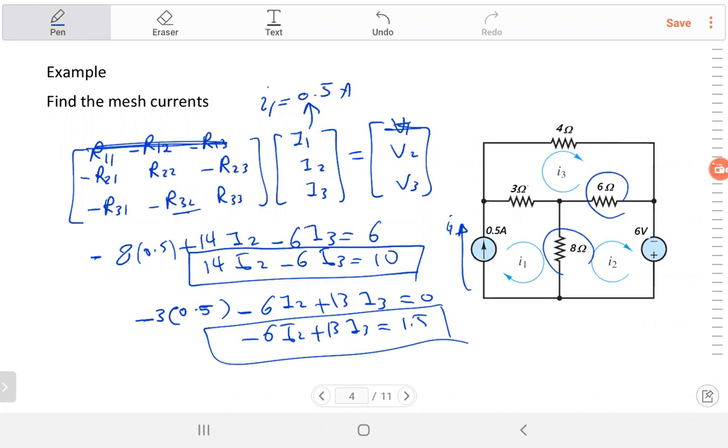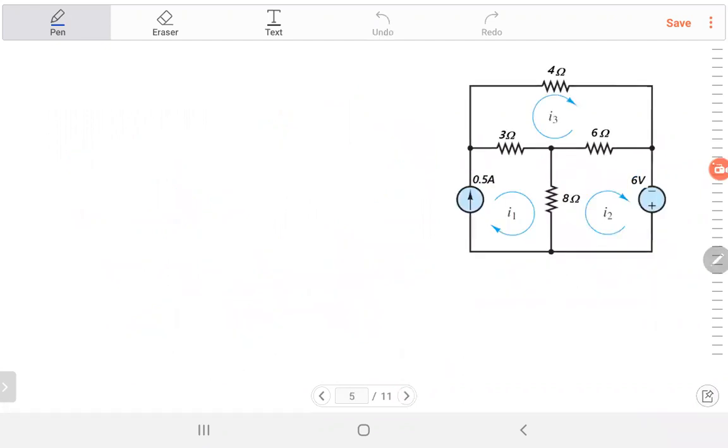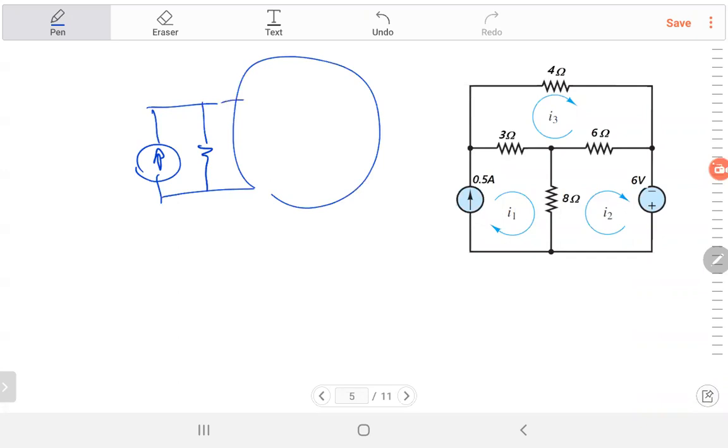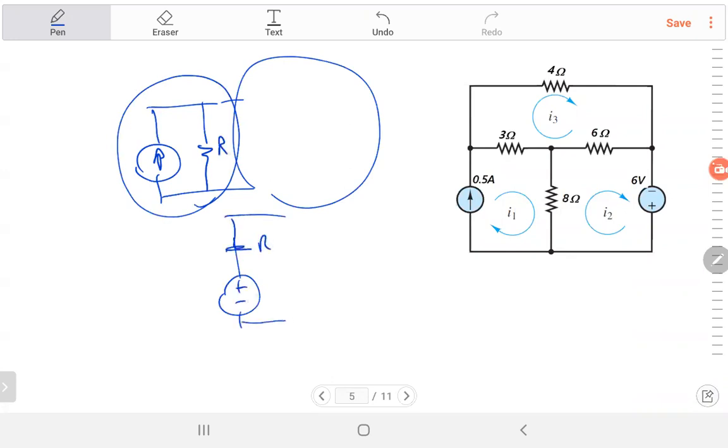So actually it's simple. When you have a current source, sometimes you'll have a current source with parallel resistance. If you have something like that, and that's the rest of the circuit, doesn't matter, you just change this one into a voltage source in series with the same R. And you continue, then you write the equation in the matrix.